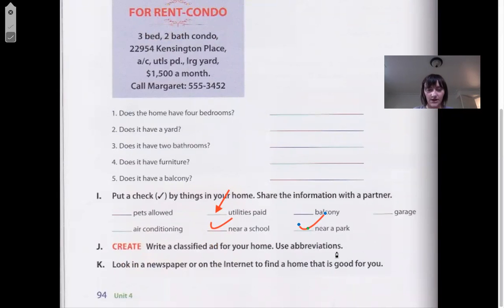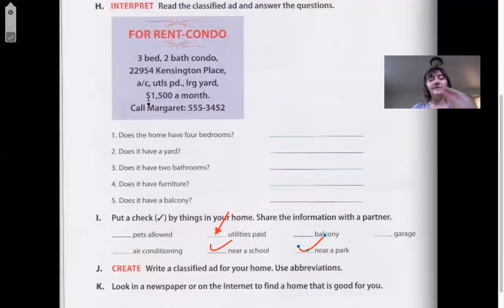Okay, so now this part you can do if you want the practice. If you don't, it's okay if you don't do it. So next, you can write a classified ad for your house or your apartment, wherever you live, and use the abbreviations like this, right? How many bedrooms? Write it as BED or BDRM.